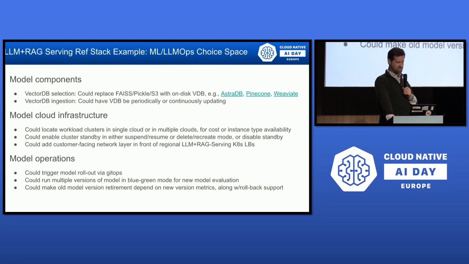You could also spread your clusters differently across different clouds than what we have outlined here. And you could have different model operations, so you could trigger a rollout via GitOps, and you can run multiple different versions of the model at the same time in a blue-green mode.